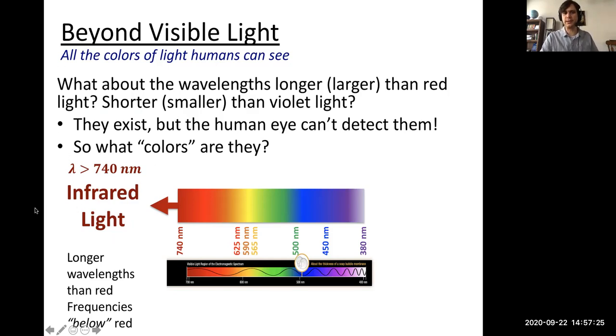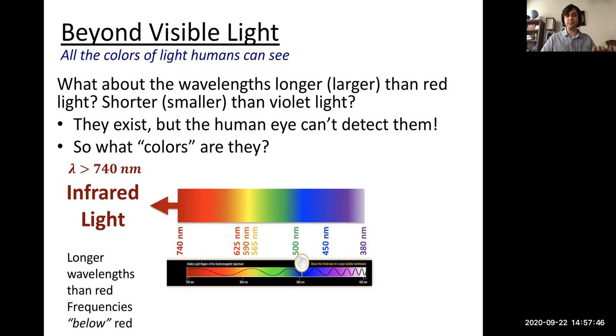Until we get to really long wavelengths, and then we don't want to call that infrared light anymore. We'll call it a different color. So longer wavelengths than red is infrared light. You can remember that whenever we're talking about below, we'd have to talk about frequency.